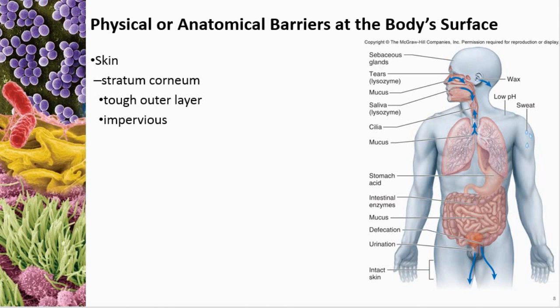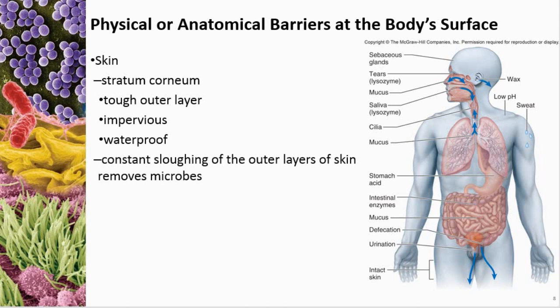It's a protein called keratin with a K, not to be confused with carotene with a C, which is a pigment made from vitamin A. Anyway, it says it's impervious. That's obviously not true, but it certainly makes it difficult for things to break through it, right? It's waterproof, and so that helps us keep fluids in and out.